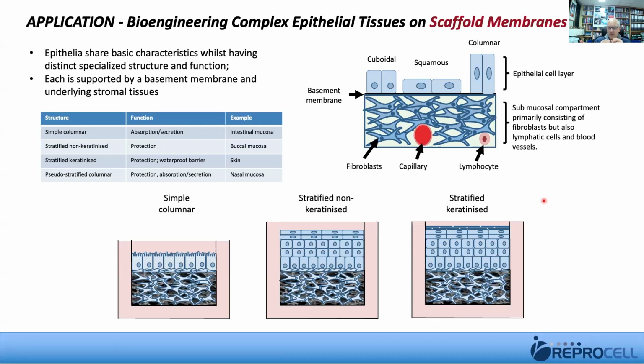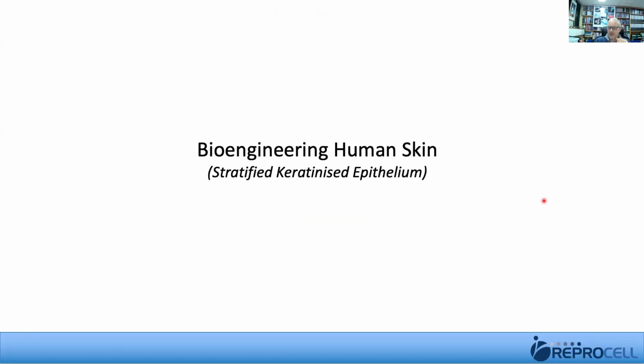So it's human-derived ECM, which is produced and remodeled by those cells. That takes place over time, and then at a suitable point in maturation, we seed the epithelium onto the surface, and depending upon the type of tissue model we're making, we may or may not raise it to an air-liquid interface to enhance differentiation. So that's the concept.